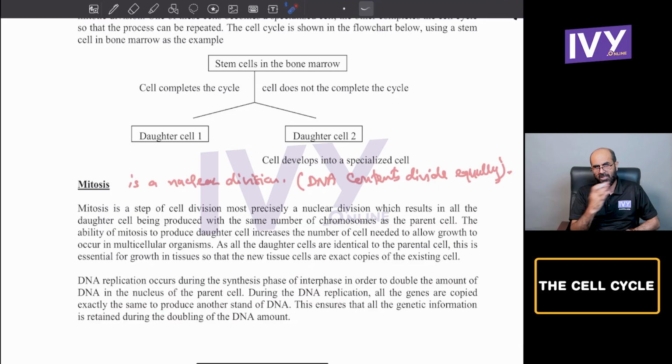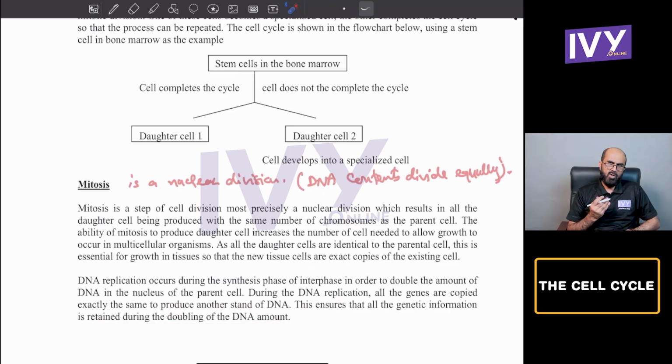So the DNA should be split open into single strands, and they will be copied identically. They will make the new polynucleotide strand from the free nucleotides in the nucleus, and the DNA content will be doubled. This ensures that all the genetic information is retained during the doubling of the DNA.